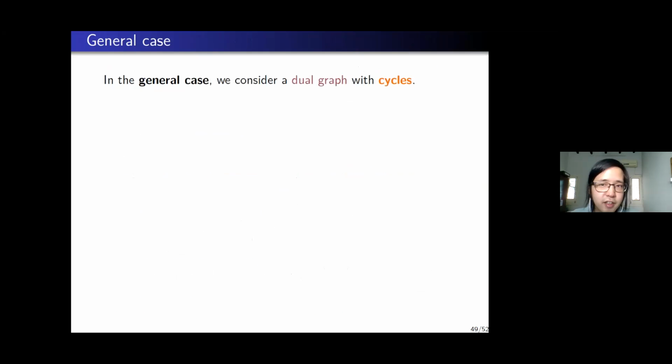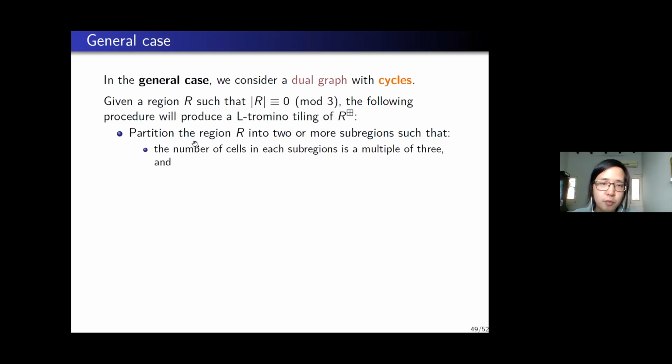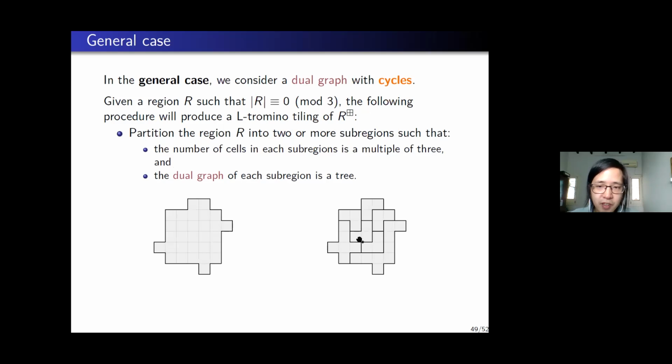To attack the general case, we have to consider the dual graph with a cycle. If the dual graph has a cycle, we have to partition the region into 2 or more subregions such that the number of cells of each subregion is a multiple of 3, and the dual graph of each subregion is a tree.